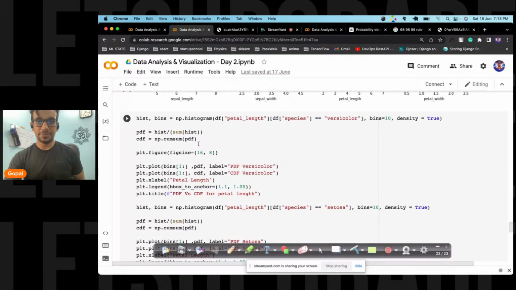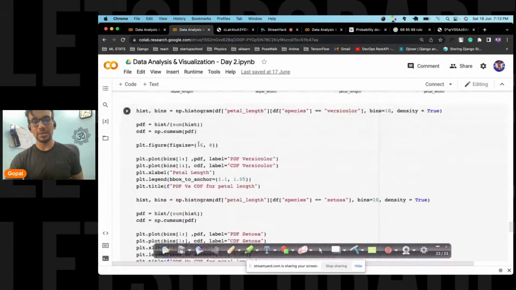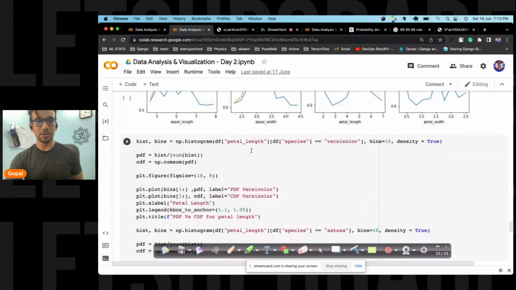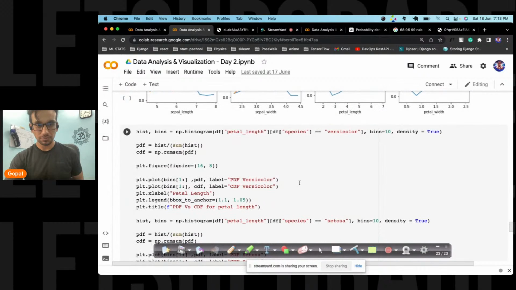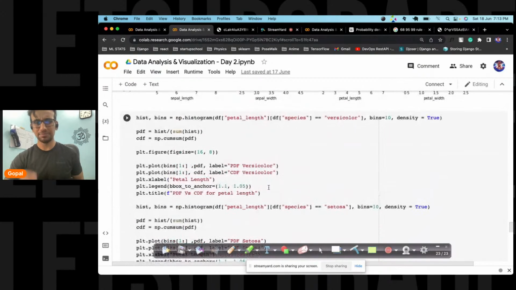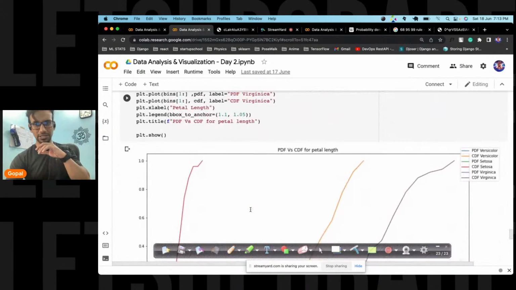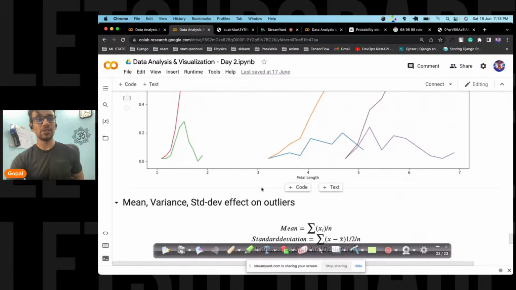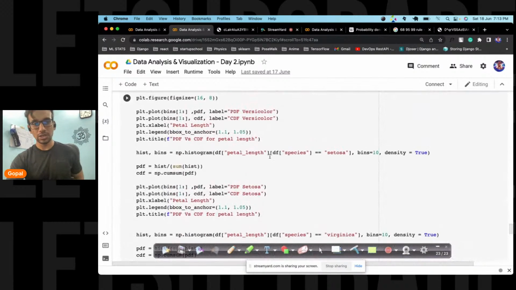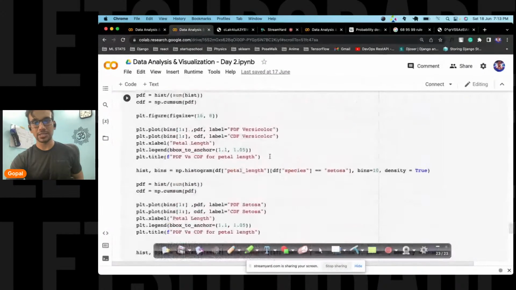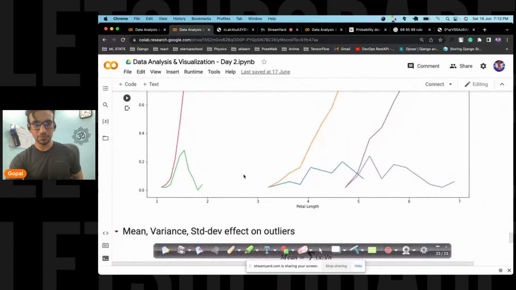And in the end, what exactly am I doing here? I am extracting petal length, petal width, sepal length and sepal width from my data here. Okay, sorry, only for the petal length here. Only for the petal length, I'm extracting Setosa, versicolor, and virginica separately.